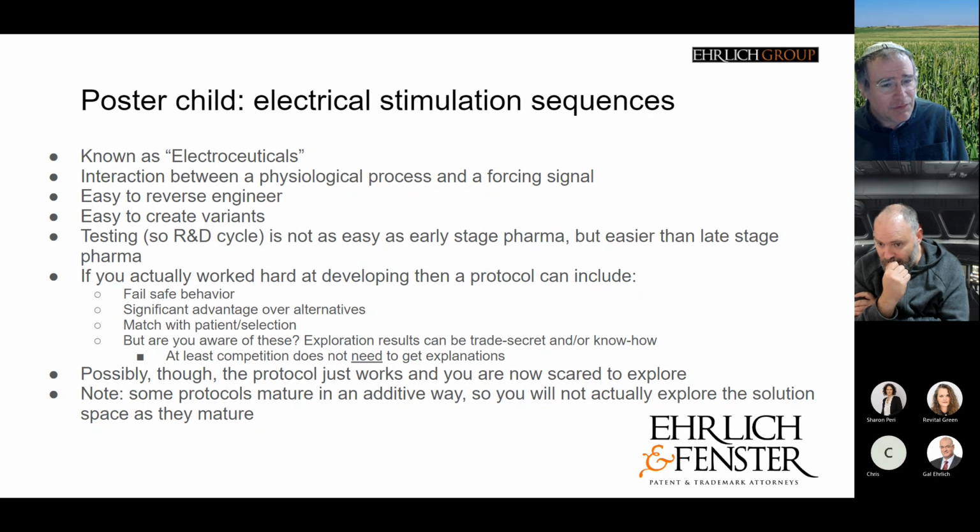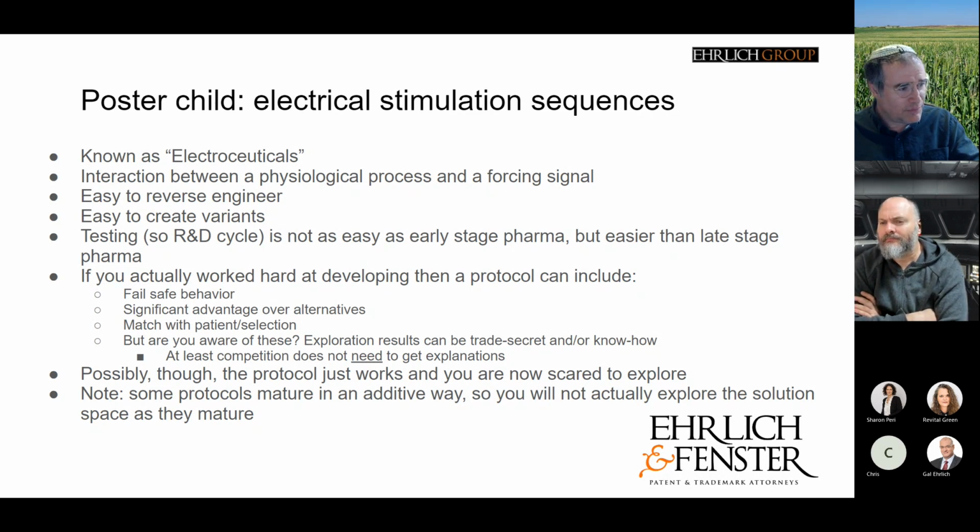One last point. I keep talking about exploration as if there's a space of protocols which you can try out and look at and decide which parts of it you're going to protect. But some protocols are exploratory, that we do one sequence and then we find a completely different sequence. Other protocols are additive, meaning I take my old sequence and I add a little bit to it.